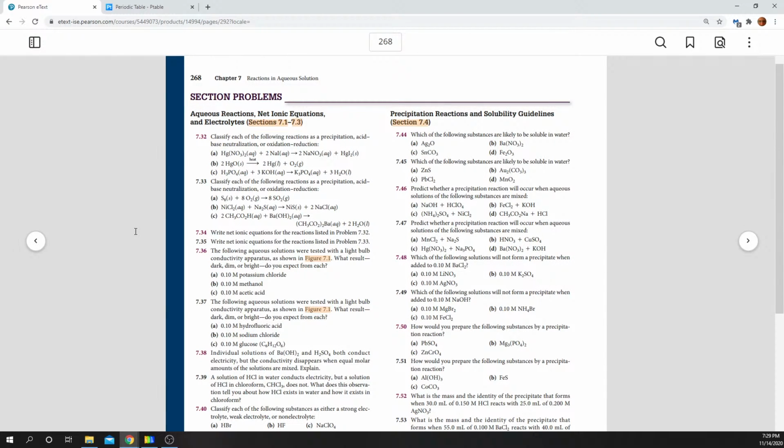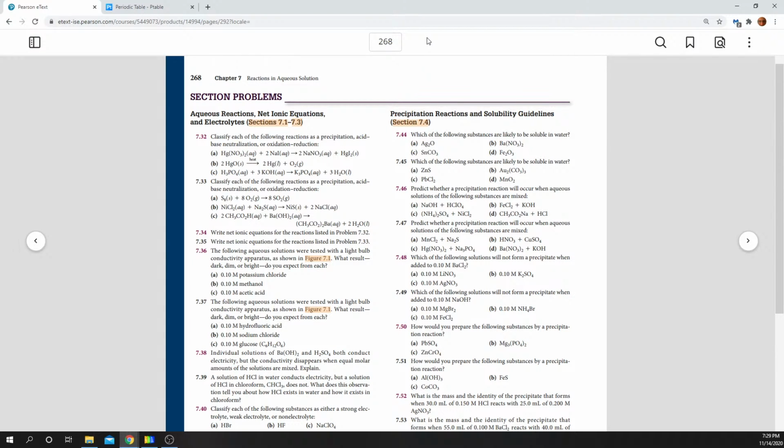All right, classify each of the following reactions as a precipitation, acid-base neutralization, or oxidation reduction. So in the first one, we have mercury 2 nitrate aqueous plus 2 sodium iodide aqueous makes 2 sodium nitrate aqueous plus mercury 2 iodide solid. That's a precip reaction. 2 aqueous salts mix and you get an insoluble product, precip.